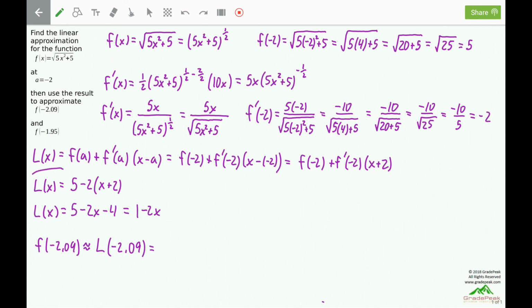Numerically, it's a little bit easier to use the original form for L of x, not the simplified form, so we will plug into that version of it. 5 minus 2 times negative 2.09 plus 2, and negative 2.09 plus 2 is negative 0.09. Negative 2 times negative 0.09 comes out to a positive 0.18. And add that to 5, and that comes out to 5.18.